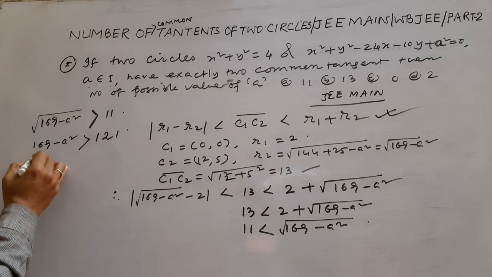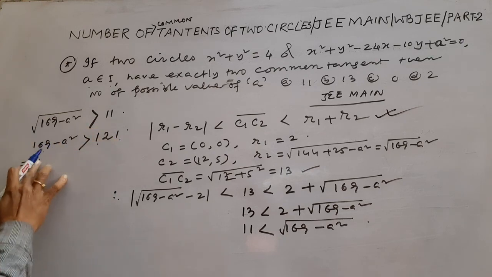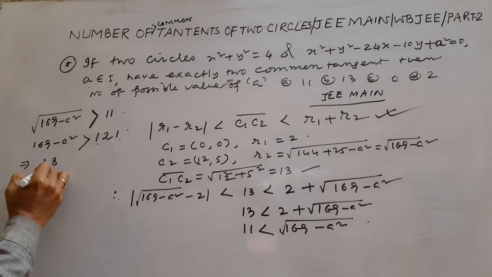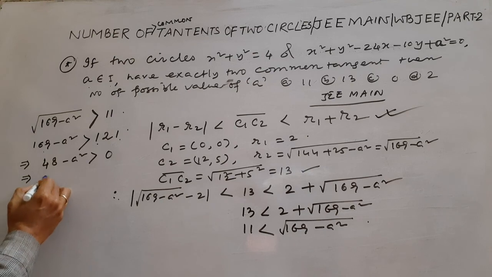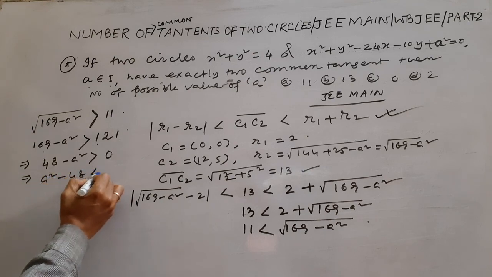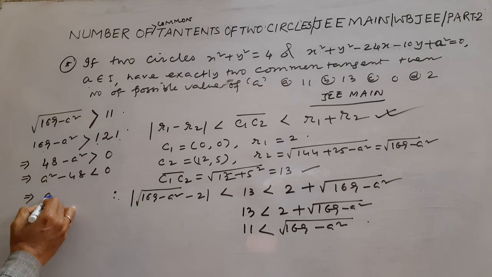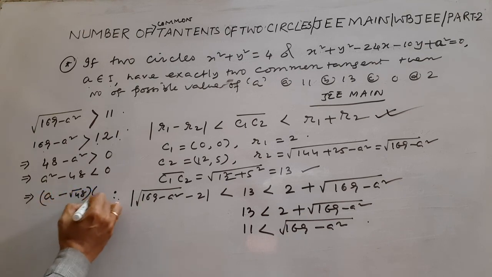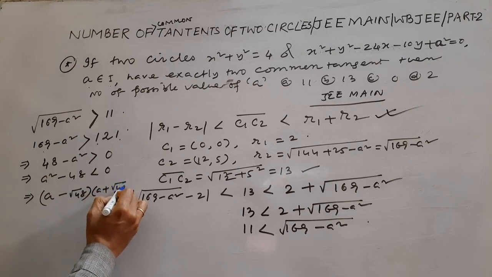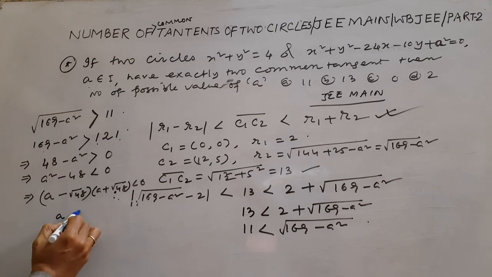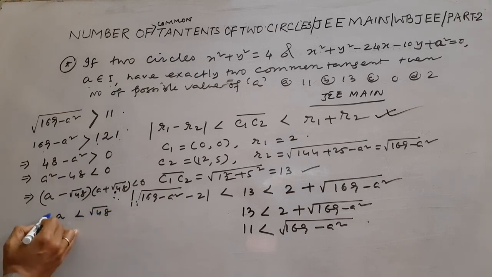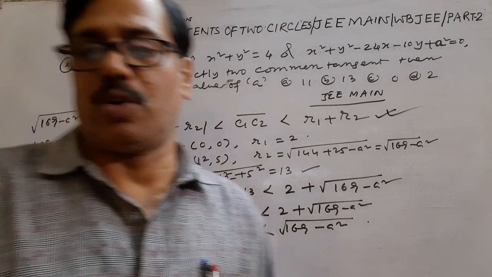So 169 minus 121 is 48, so 48 minus a square greater than 0. So a square minus 48 less than 0. So (a minus root 48)(a plus root 48) less than 0. So we are getting a between minus root 48 and root 48.